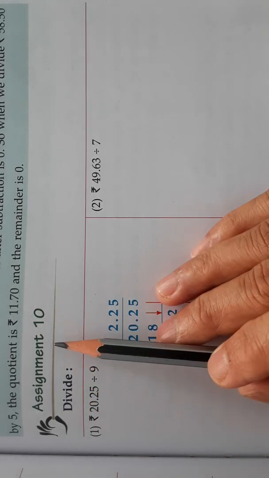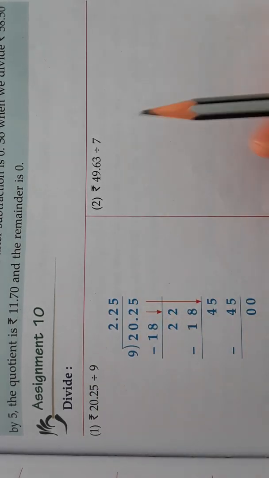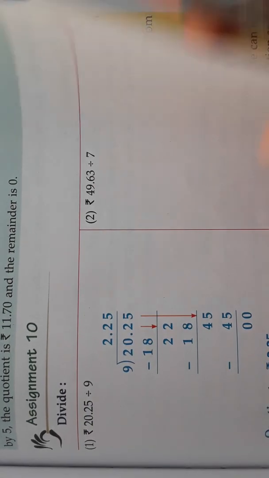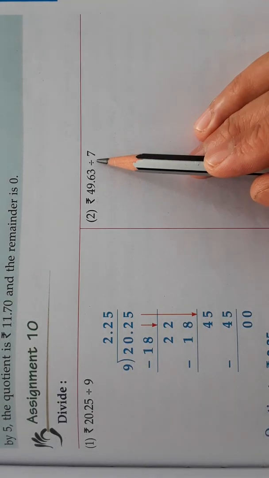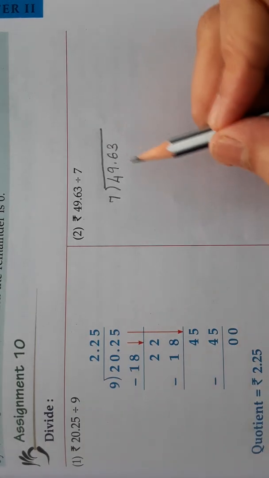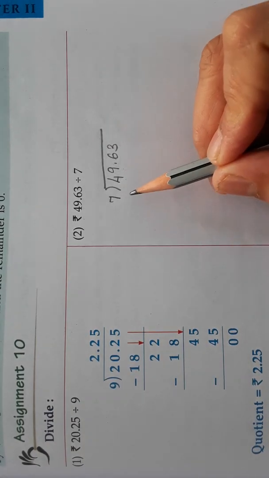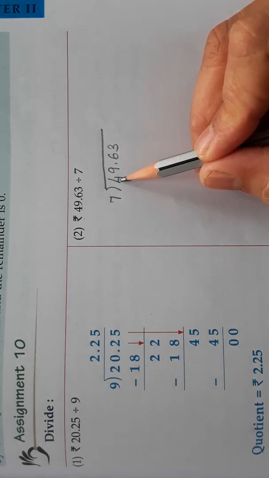Come, we'll see assignment 10. Okay, assignment 10. The first one has been done for you. Come, we'll do the second sum. Okay, divide 49 rupees 63 paise by 7. Here, take the first number 4.